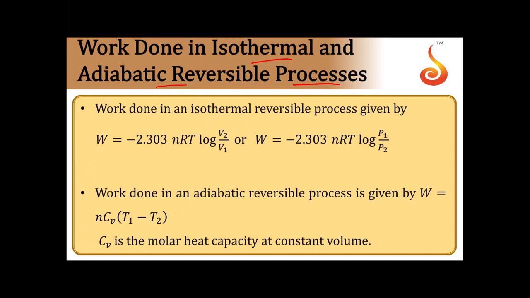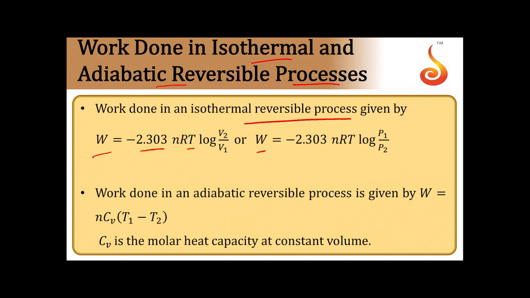Work done in isothermal reversible process is given by W is equal to minus 2.303 nRT log V2 by V1, where V1 is the initial volume and V2 is the final volume at a constant temperature T. Or else W is also equal to minus 2.303 nRT log P1 by P2.